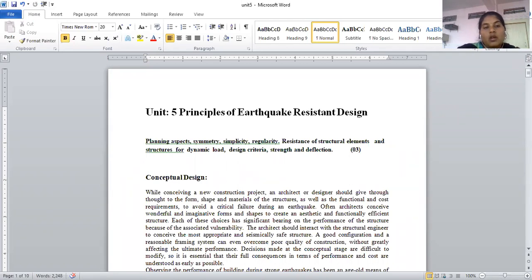Without re-entrant corner or discontinuity in transferring vertical load to ground, it displays good seismic behavior.